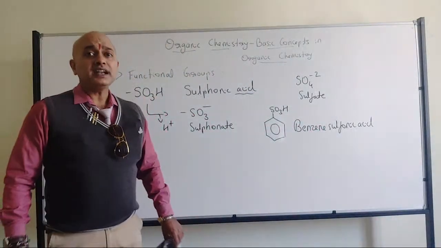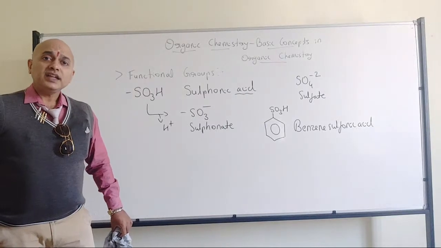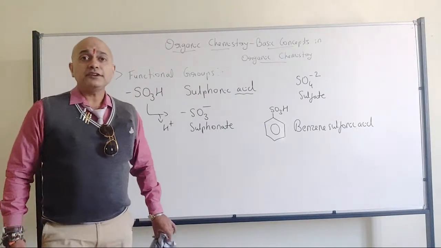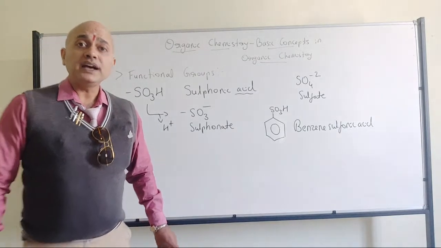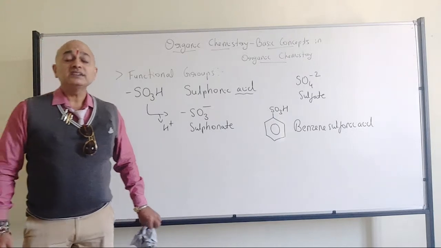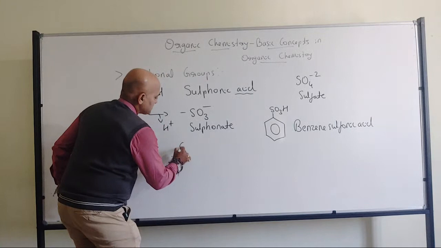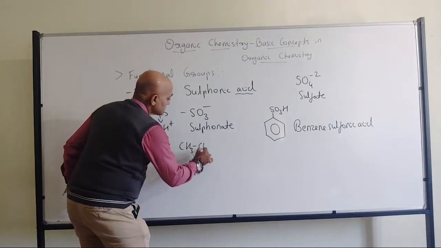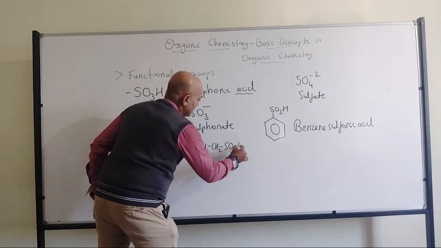It's a very important functional group. All of you have understood? If propane, a 3-carbon hydrocarbon, is attached with sulfonic acid, then it will be called propane sulfonic acid. That is CH3, CH2, CH2, SO3H.